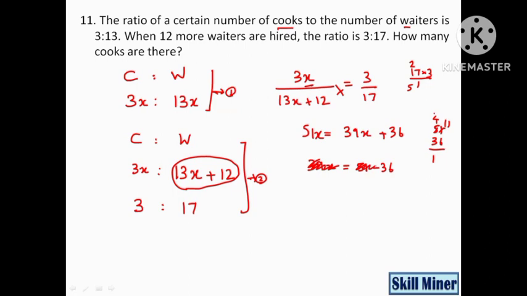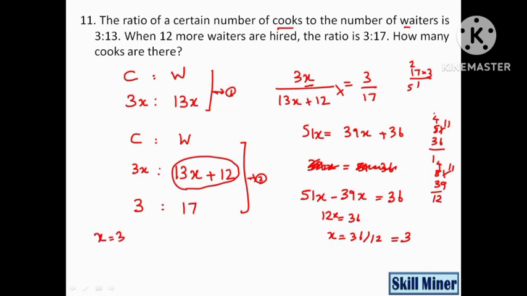So 51x minus 39x is equal to 36. 51 minus 39 will give me the value 12. 12x is equal to 36. So x will be 36 divided by 12, which is equal to 3. So the value of x I found as 3.